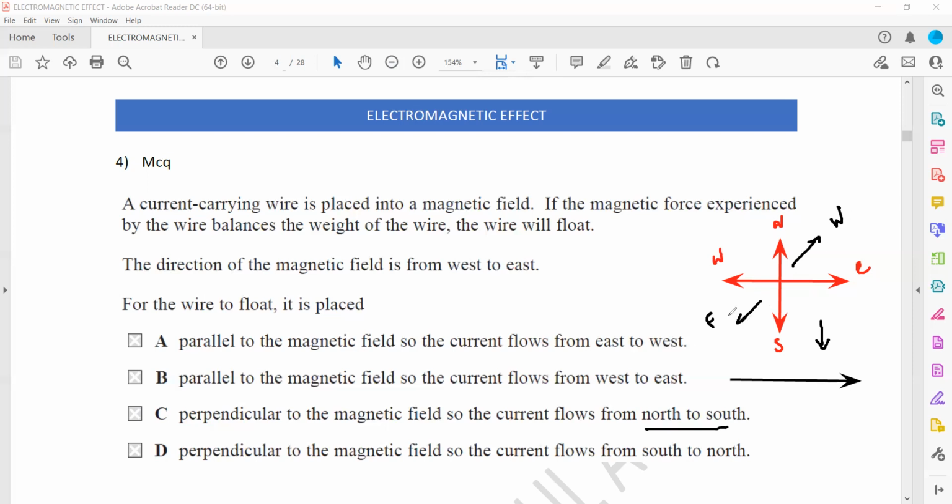So if weight is in, we want the magnetic force out of the plane. If the magnetic field is from west to east, the index finger points towards east, and the direction of the current is from north to south, downward. This is the direction of the current, this is the direction of the field. Your thumb will point outward. If your thumb is pointing outward, that will balance the weight, which is the inward force. So this will cause the wire to float.